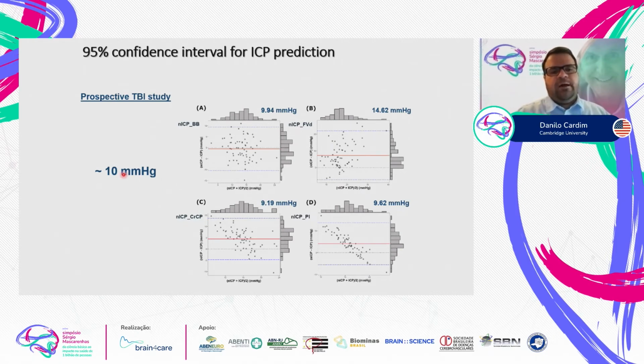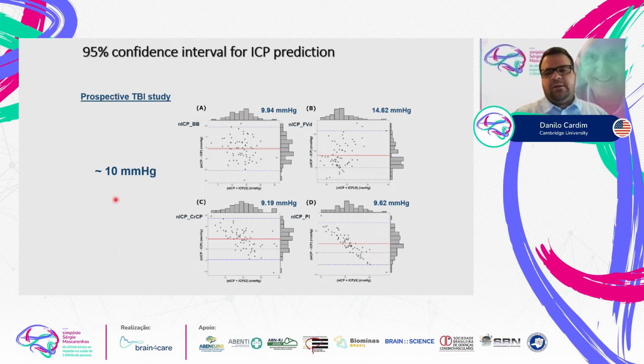So for example, to assess the absolute value of ICP, for example, if you want to determine if a patient has indeed intracranial hypertension that is, for example, characterized with intracranial pressure above 20 millimeters of mercury, having an error of about 10 millimeters of mercury is not very attractive to the clinician.